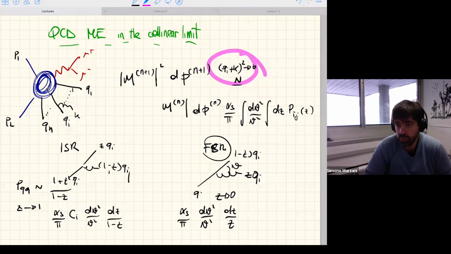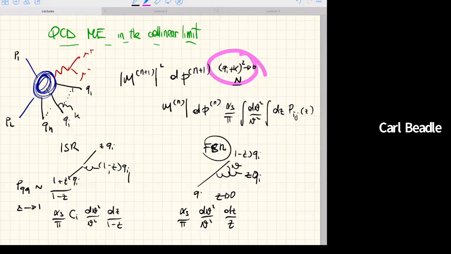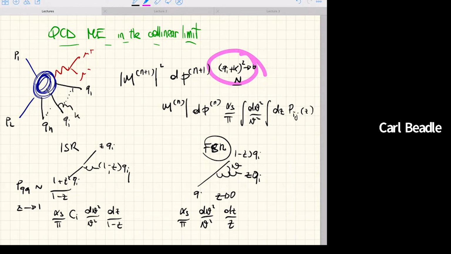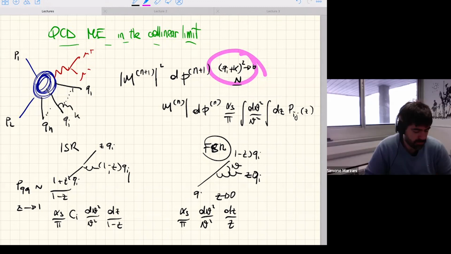But you can phrase it so that the singularity arises because you have a propagator that goes on its mass. Okay, thanks. Usually these angles and energies are defined with respect to an emitter, but you're correct, so you have to define it.